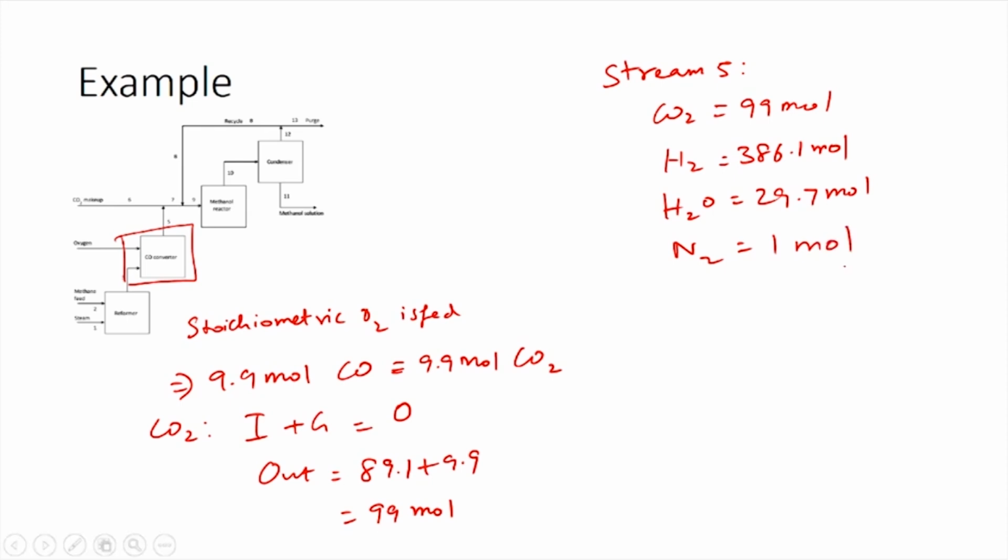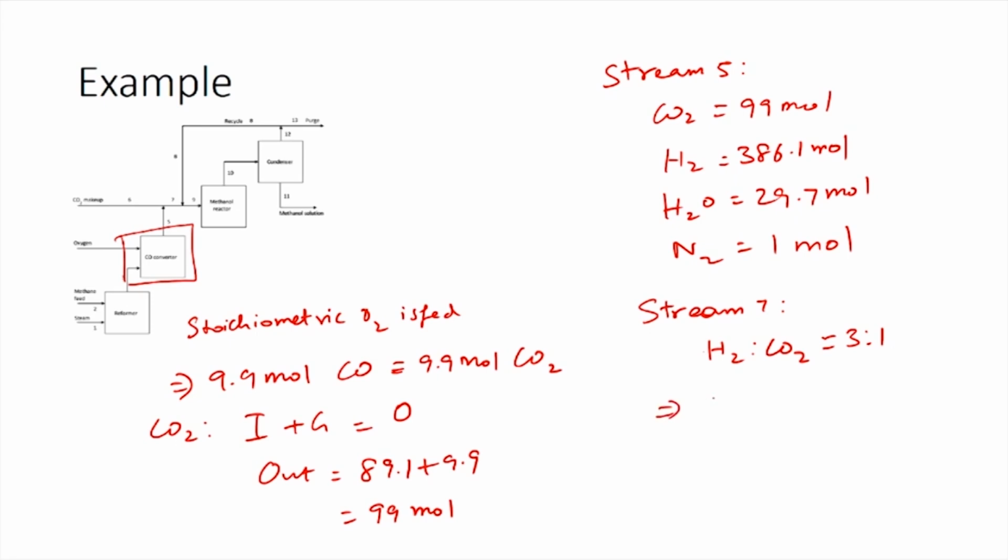So, you have 1 mole of nitrogen leaving. The problem statement gives us that stream 7 contains a hydrogen to carbon dioxide ratio of 3:1. The stream which is being mixed with stream 5, that is stream 6, is only CO2 makeup, which means all the hydrogen present in stream 7 has to come from stream 5.